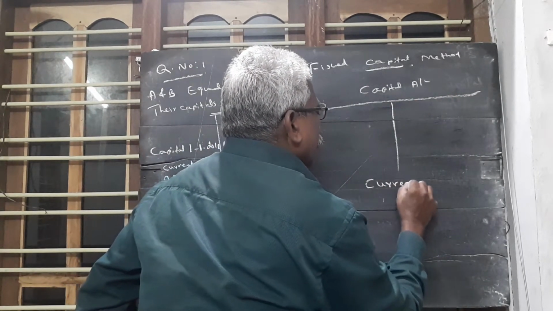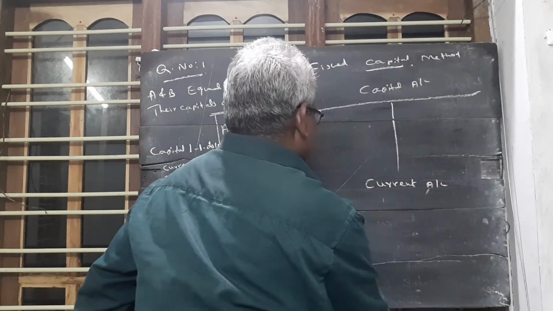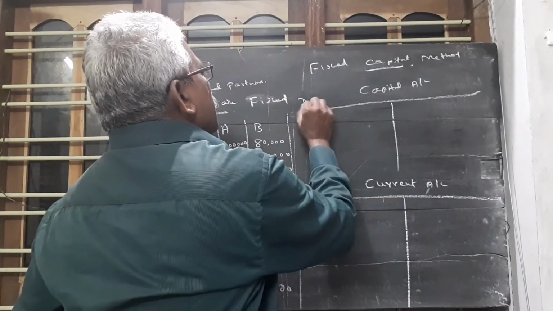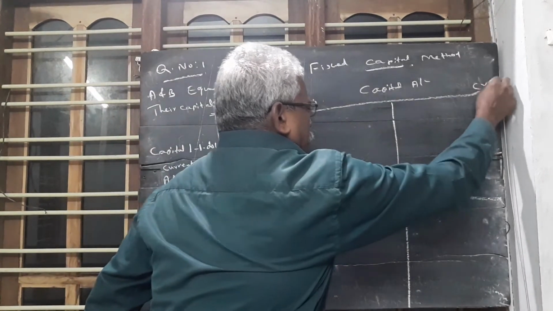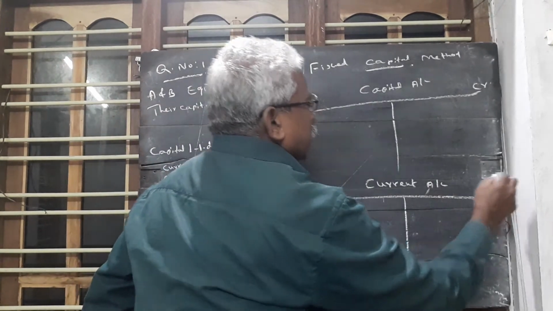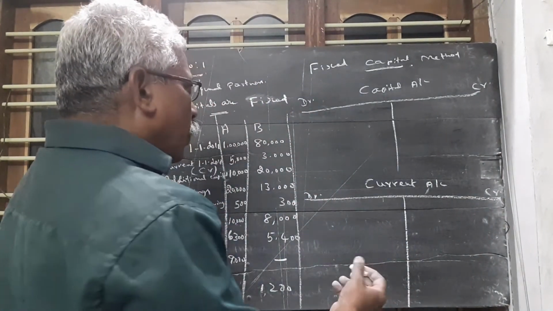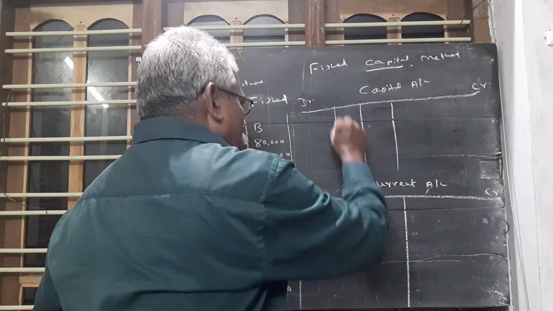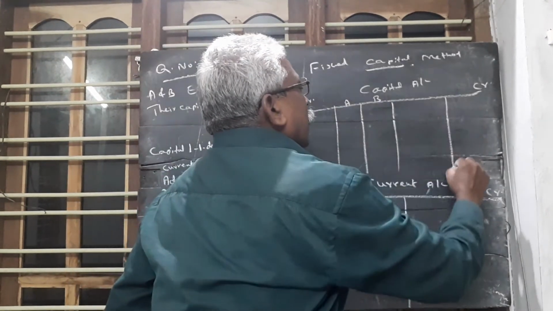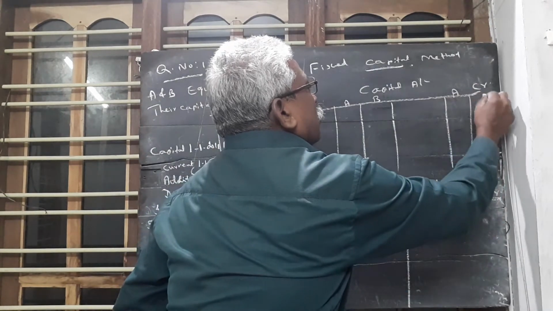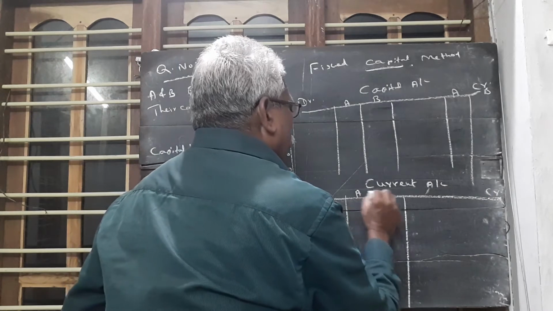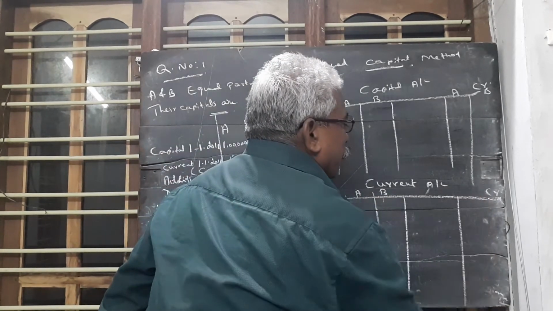So we need two accounts. This side is the debit side, this side is the credit side. In the current account also, this side is the debit side, this side is the credit side. Then there are two partners, A and B, so we draw two columns. This is the column for A, this column for B. Likewise, here also A and B columns.